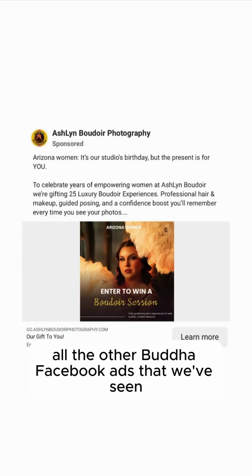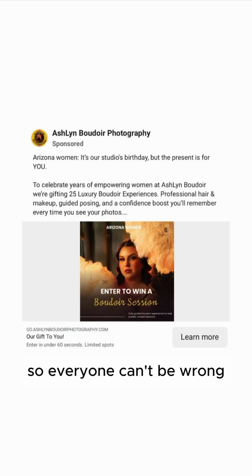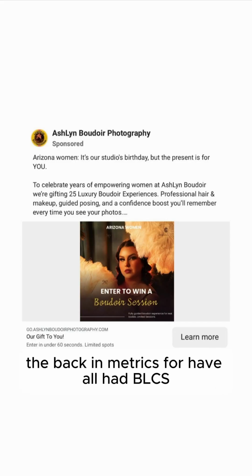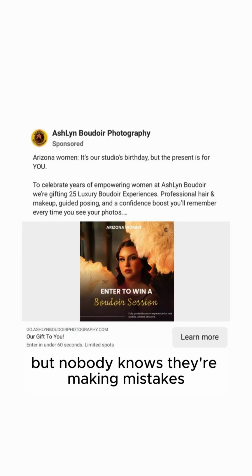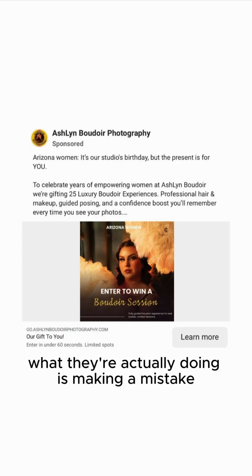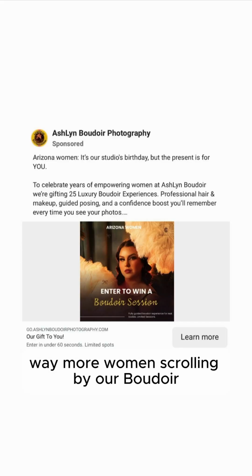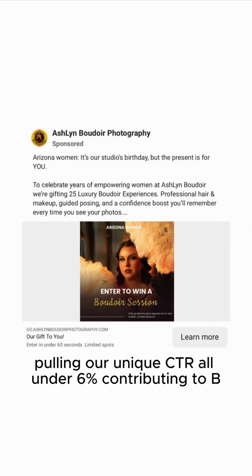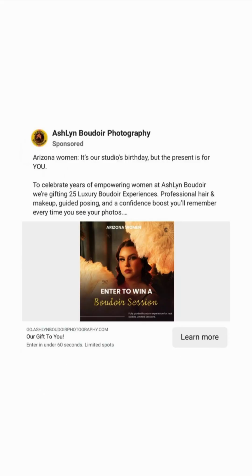All the other Boudoir Facebook ads that we've seen, nearly all of them look like ads. So everyone can't be wrong, can they? Well, 100% of Boudoir Facebook ads I've seen the backend metrics for have all had BLCS because everyone is making the same mistakes as everyone else, but nobody knows they're making mistakes. So the consequence of this is way more women scrolling by our Boudoir Facebook ad than necessary, pulling our unique CTR under 6%, contributing to BLCS, Boudoir low click syndrome.